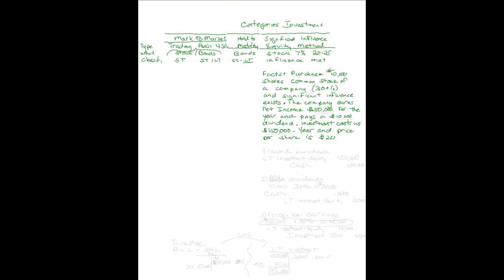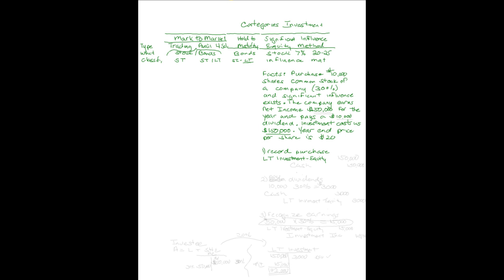How would we do the accounting for this? Well, first, let's record the purchase of this investment. And we said the purchase of it was $150,000. So we would say debit long-term investment. Your author didn't say you had to put equity method on it or significant influence.